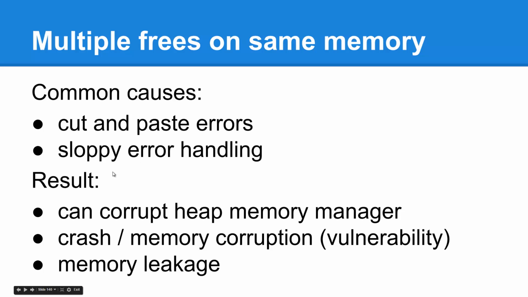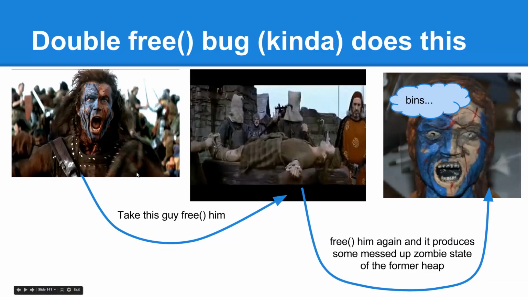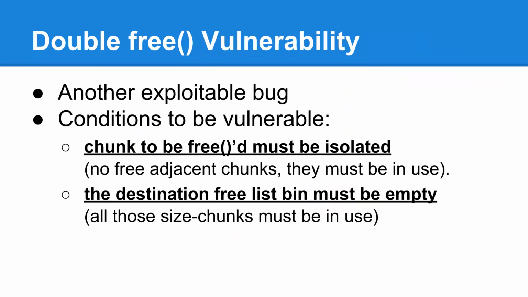The result is that it can corrupt the heap memory manager, and it can lead to memory corruption crashes and potentially memory leakage. When it is a vulnerability, it kind of turns the free list into a zombie list that's all messed up and barely working. But there are two tight conditions that must exist for this bug case to actually manifest as a vulnerability.